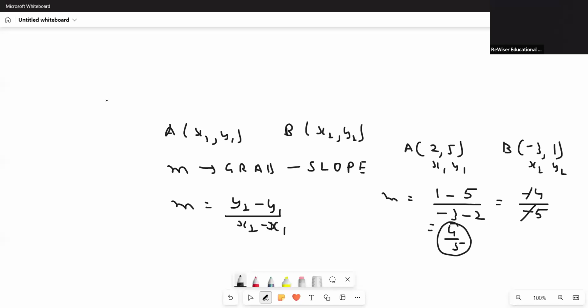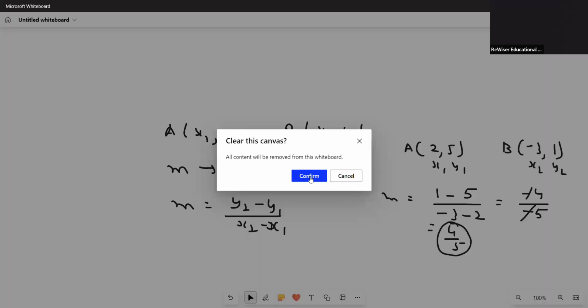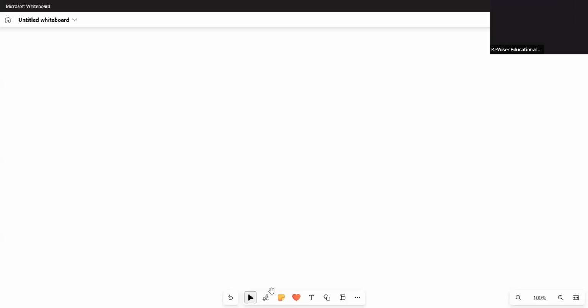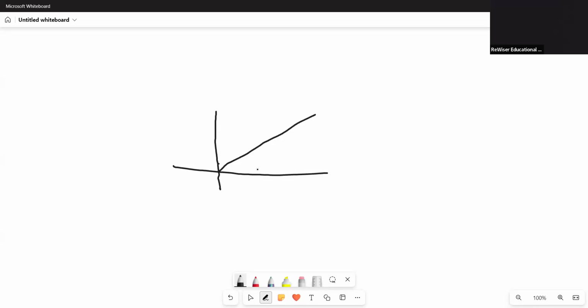Now, the other very important part, which is usually asked, is how to get the slope if the angle of inclination is given to you. So always remember, once we measure any angle, suppose this is a line, and you are trying to find the slope in terms of angle, we'll be measuring the angle from the positive direction of x-axis taken anti-clockwise as positive.